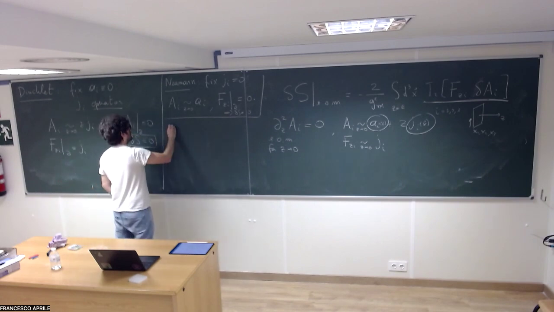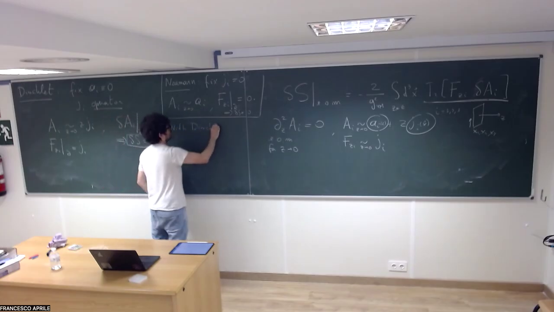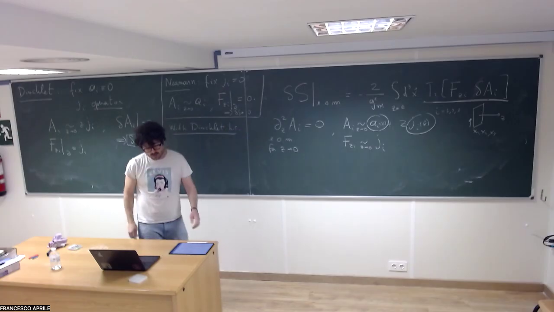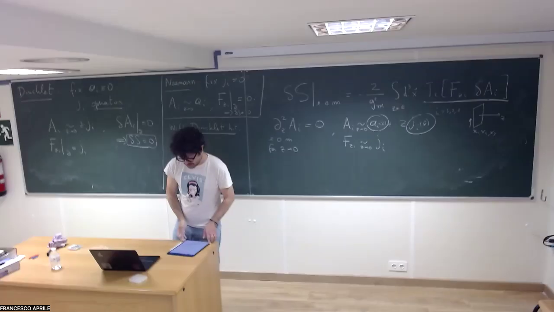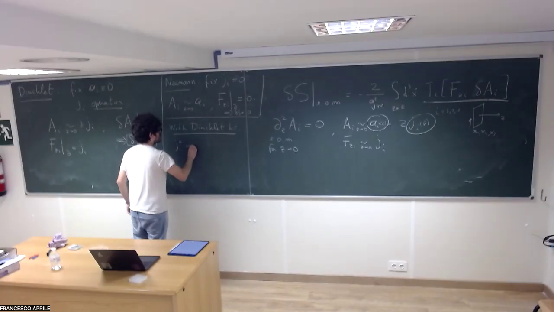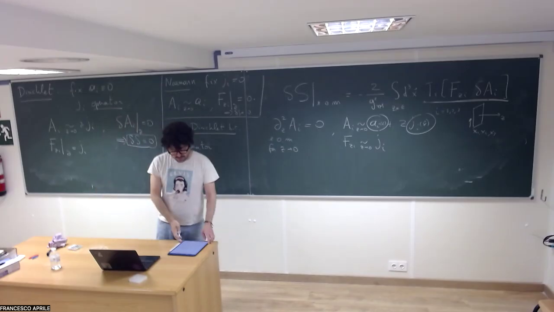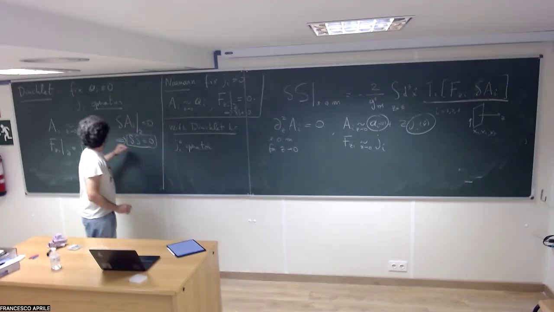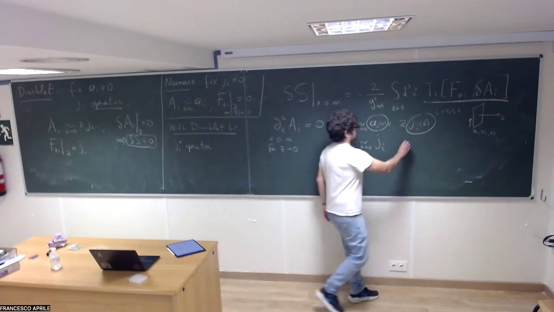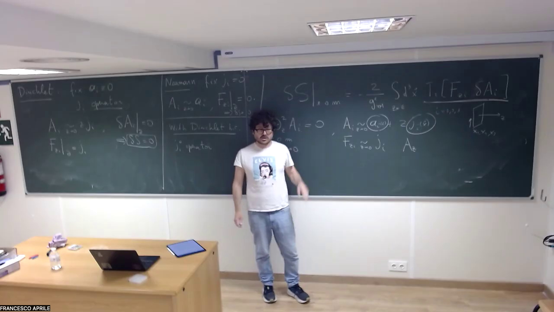So let's study a bit more what happens with Dirichlet. If I have a Dirichlet boundary condition, it means that I have this J_i operator at the boundary. Sorry, one comment. Maybe some of you are wondering what I did with A_z? I only consider the components of the gauge field parallel to the boundary.